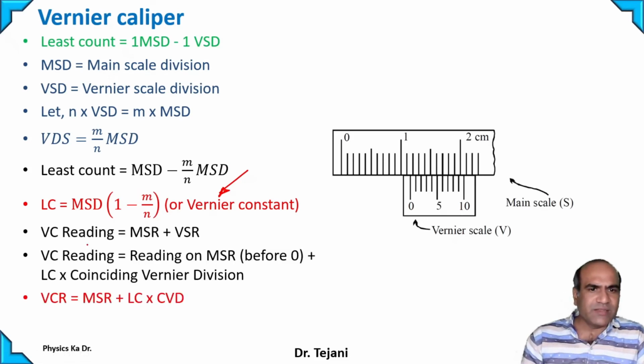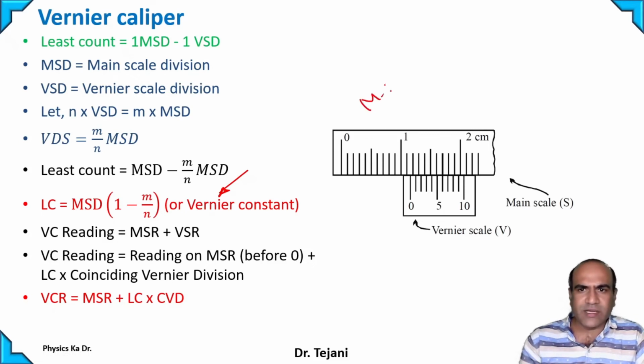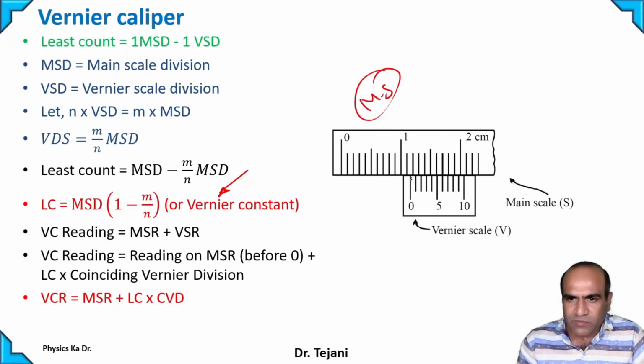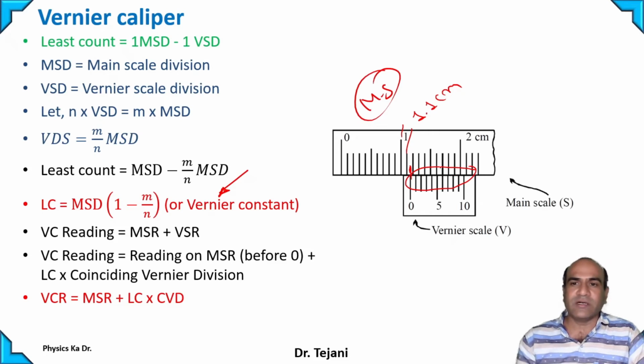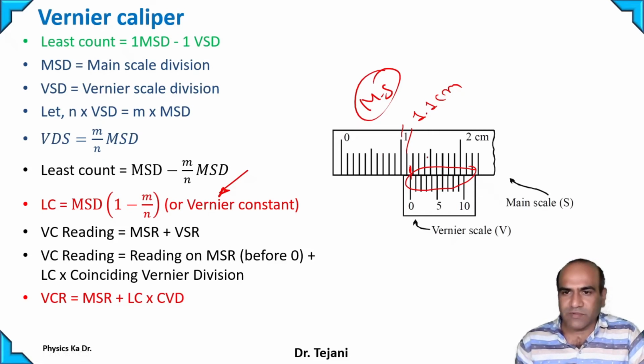Then how do we read this? We first read the main scale. Just before this zero, the reading is 1, not 1, it is 1.1 centimeter. Then you need to find the division which coincides. If you check, the sixth division is matching.